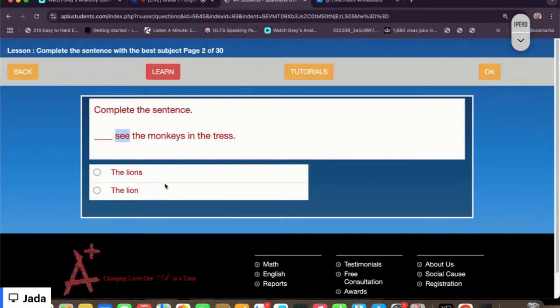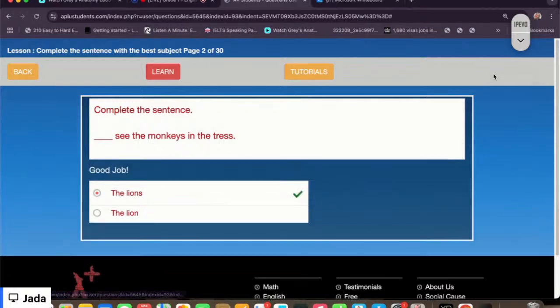All right, so it says see without S in the verb. So that means the subject will be more than one. So the lions see the monkeys in the trees. Okay, so you have to be careful.